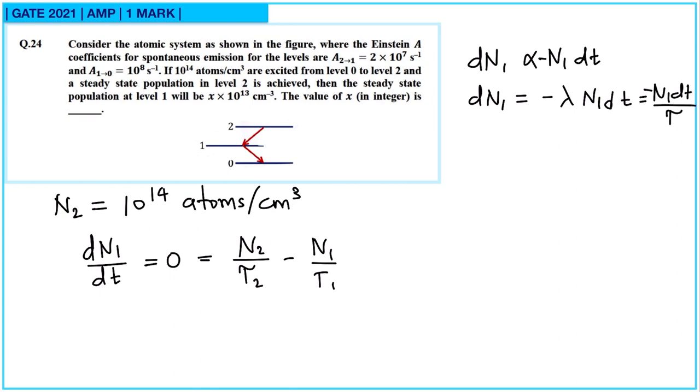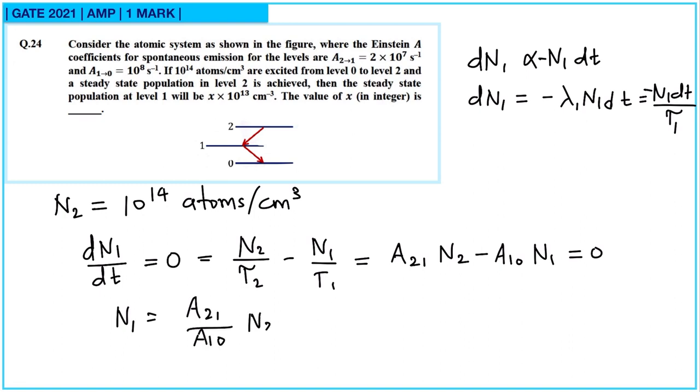So dN1 by dt will be minus N1 by tau 1 for the decay part, and for the decay of level 2 it will be plus, because the number will be increasing. So this is equal to A21 into N2 minus A10 into N1, and this is equal to 0 in steady state. So from here we can write N1 is equal to A21 upon A10 into N2.